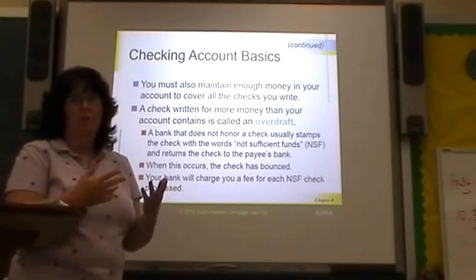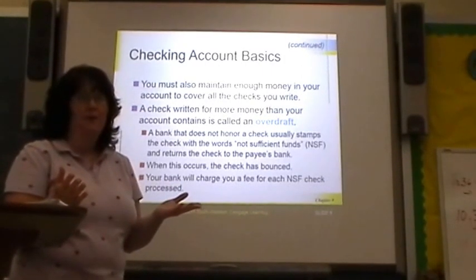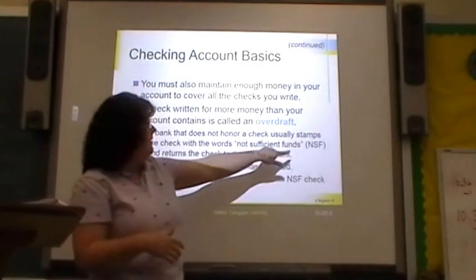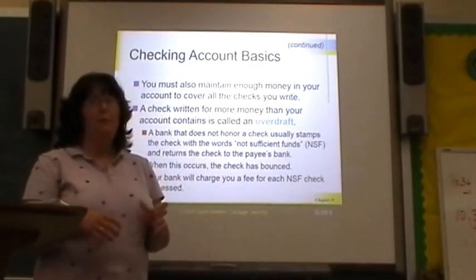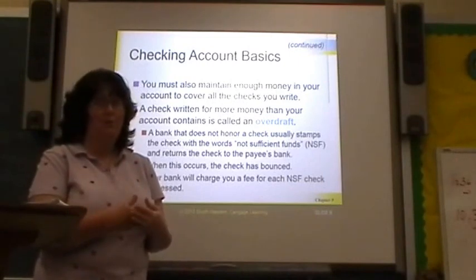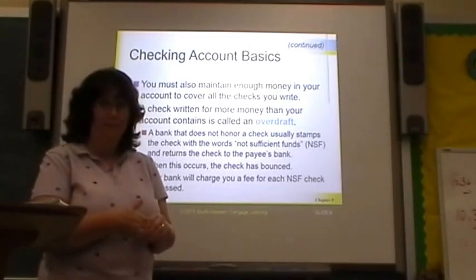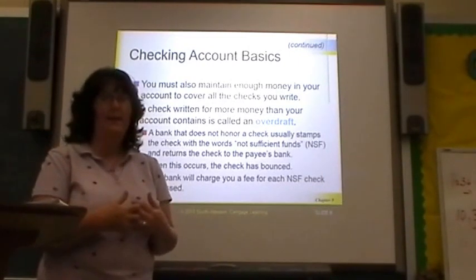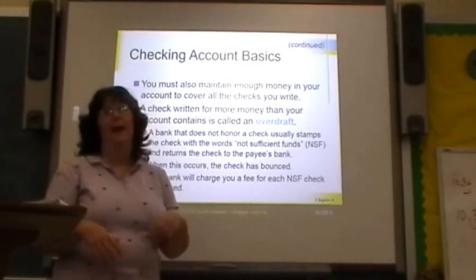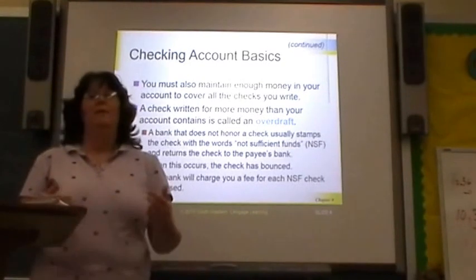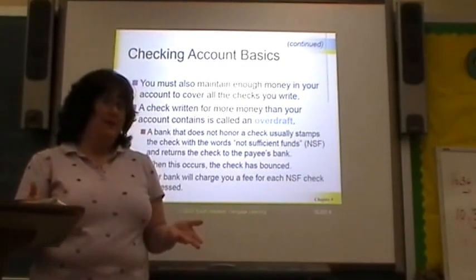Smith River says I didn't have the funds to cover it. They stamp it with this and send it back to BB&T. So BB&T will not show Appalachian Power that they've received any money from me, because they didn't. And my bank is going to give me a fee because they had to go to all this trouble. The money should have been there to begin with, right?